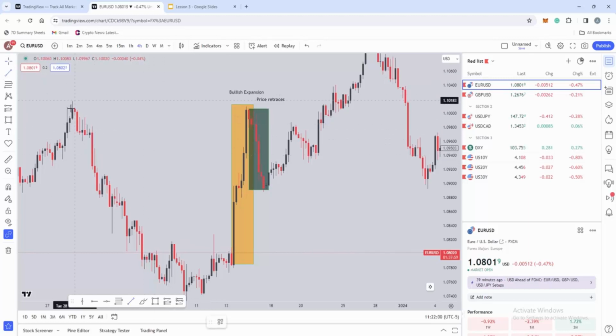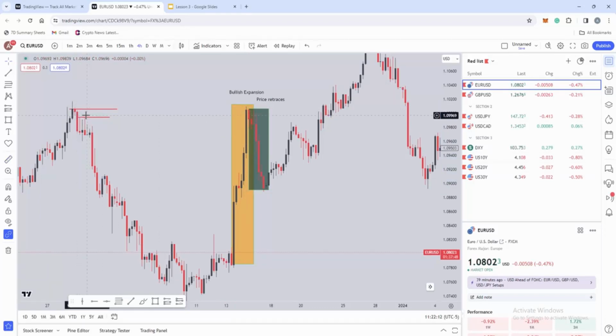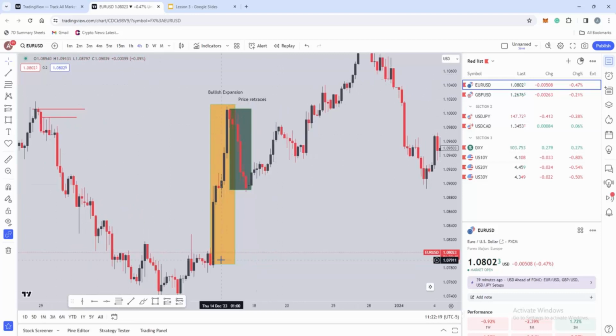So over here you can see liquidity here, liquidity here. The price here traded above the bodies of the candle, and the bodies of the candle carried the most weight. So price went up, took out the buy side liquidity. So once price took out the buy side liquidity and we have a bullish expansion, what's next is that price is going to retrace.